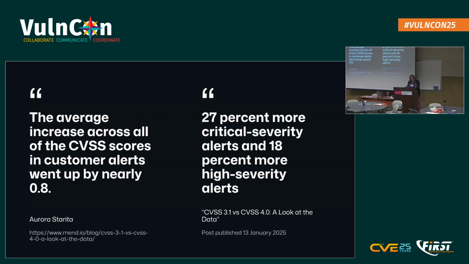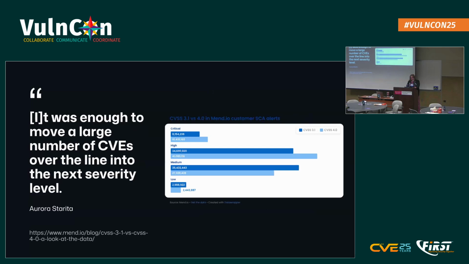The quote that stuck out to me the most was, "The average increase across all of the CVSS scores in customer alerts went up by nearly 0.8." That is a 0.8 point, that is almost 1, which resulted in 27% more critical severity alerts and 18% more high severity alerts, which on its own can be quite a lot, but it was large enough to move a large number of CVEs over the line into the next severity level.